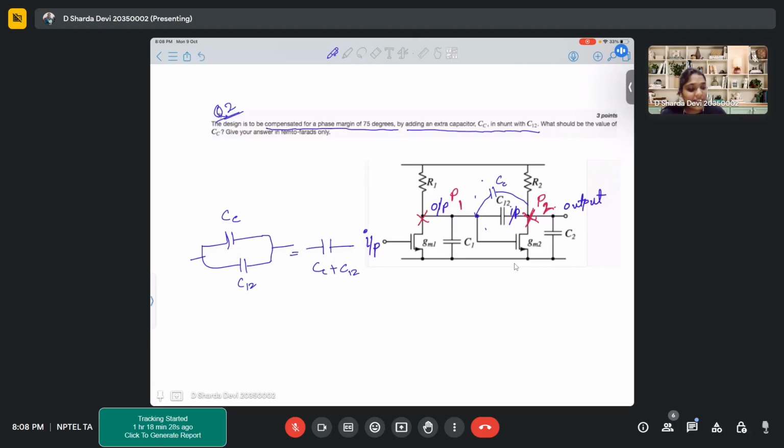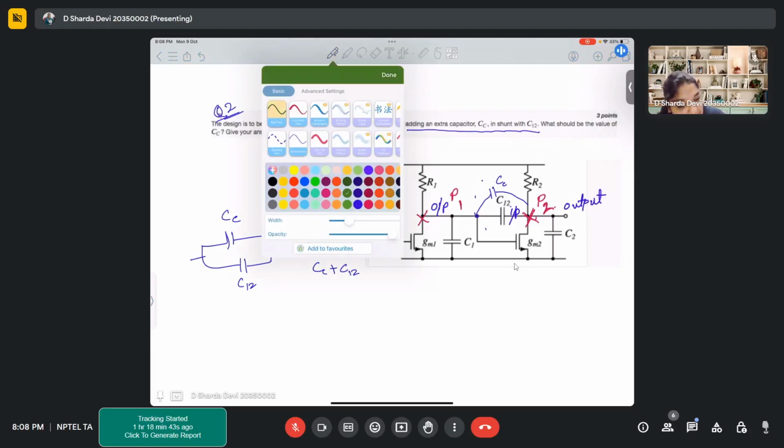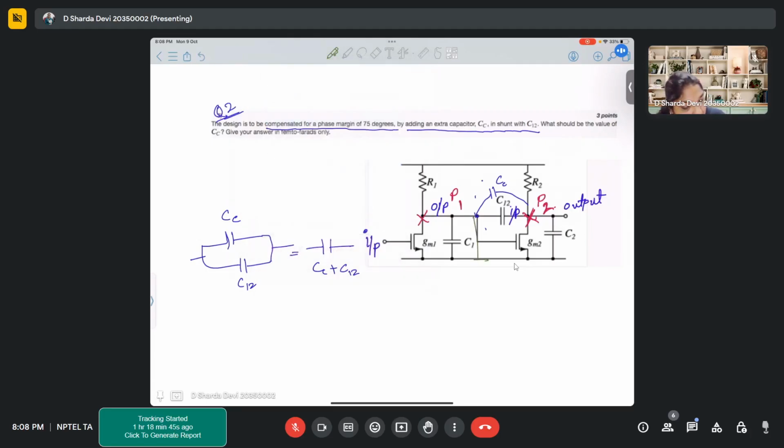So the capacitance at this particular node has increased. Now how will this affect your poles? The moment this capacitance increases, due to Miller capacitance, what will happen? This capacitance will have a C in here and also a C out here. Correct? This C out will be similar to your CC plus C12.